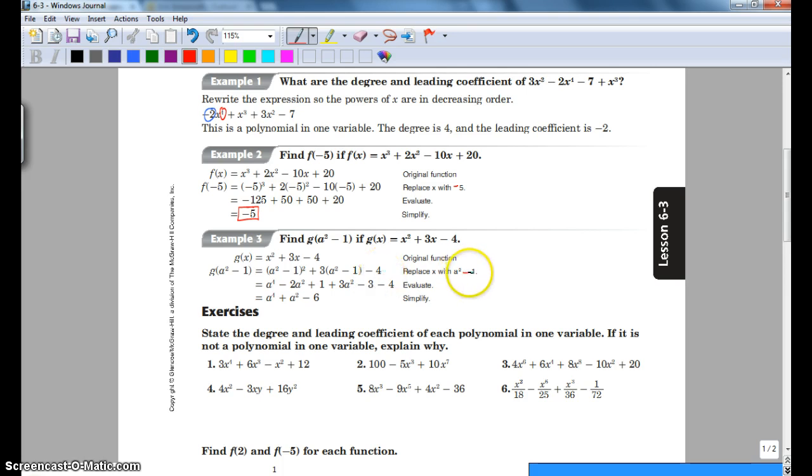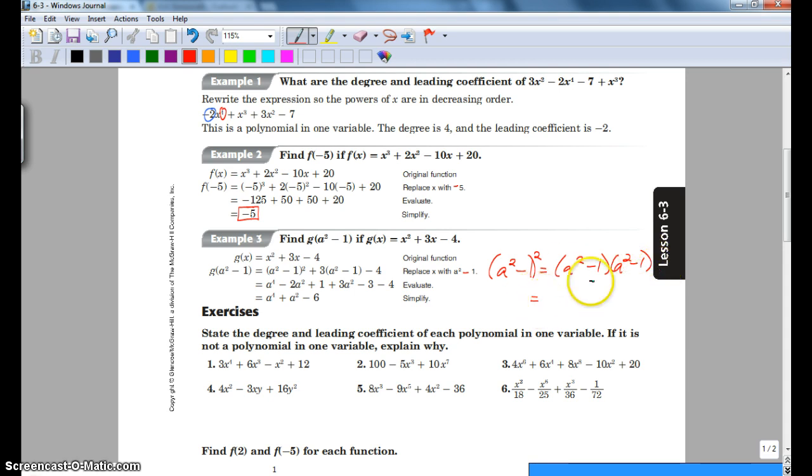Now, in the next step, the math that follows is taking a squared minus 1, which I'll write here, and because it's squared, we're going to FOIL a squared minus 1 times a squared minus 1.